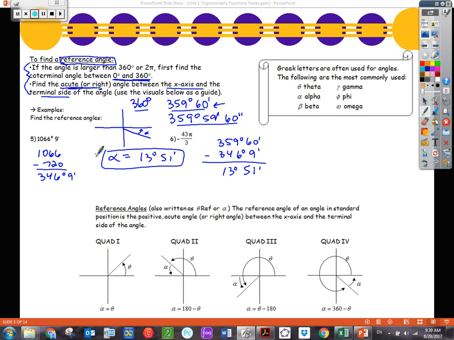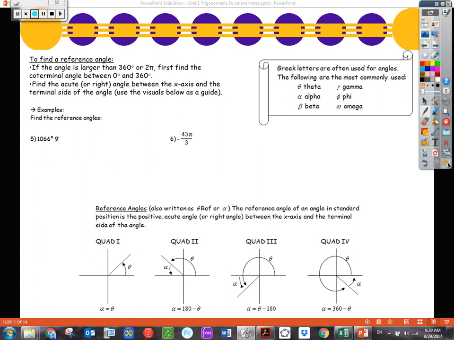All right, so we're looking at 6 pi over 3 because we need the common denominator. We need to think about multiples of 6 that go into 43. So we're looking at 42 pi over 3. We all agree that's the highest multiple of 6 that will come out of the 43.